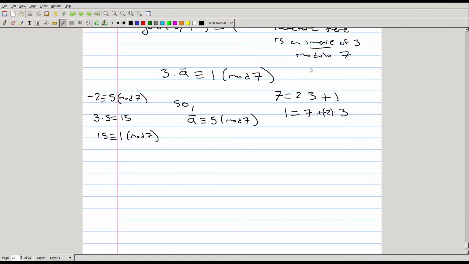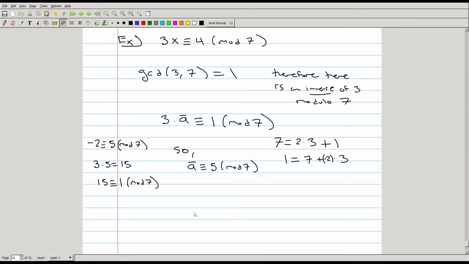And so with this inverse, we can relatively quickly go through and solve this equation.